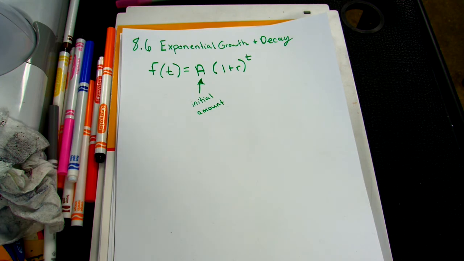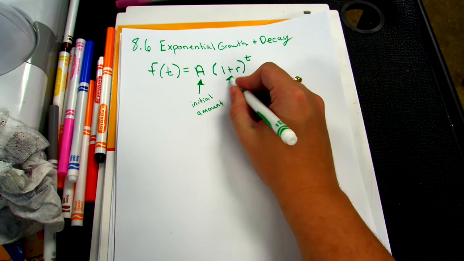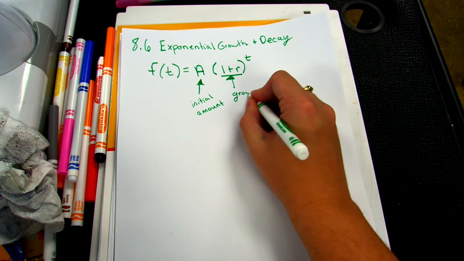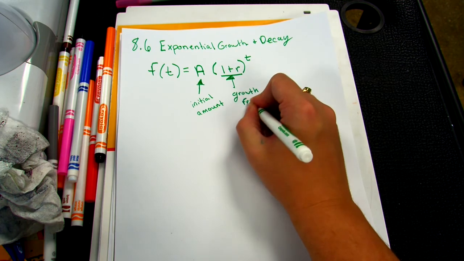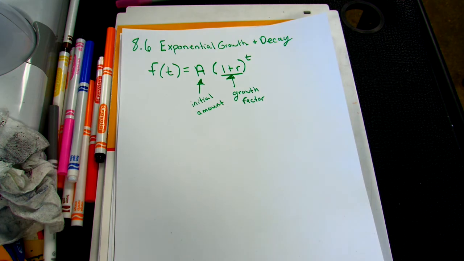And then this 1 plus R represents the growth factor. The growth factor is 1 plus whatever the growth rate is.